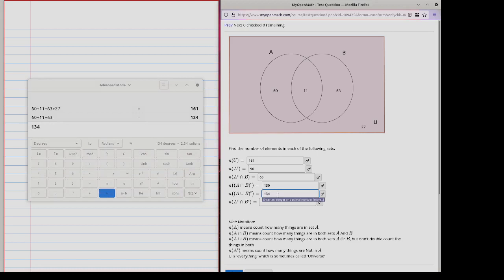Except, I'm forgetting about the complement here. We found A or B, but to find the complement, we need to find everything that's outside A or B. So it's not the 134, you have to look outside A or B, and that's just this 27. So 27.